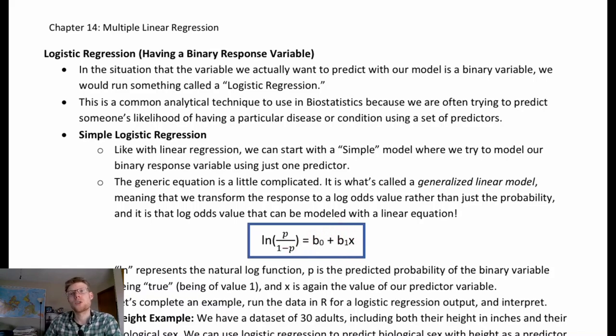If you were to take more modeling classes, like another linear modeling class, you would learn more about generalized linear models and why we use that term. But for now, just know that logistic regression is one example of that, and that we can still write a linear equation of the predictors, but we have some kind of transform function of the response on the left side of the equation.